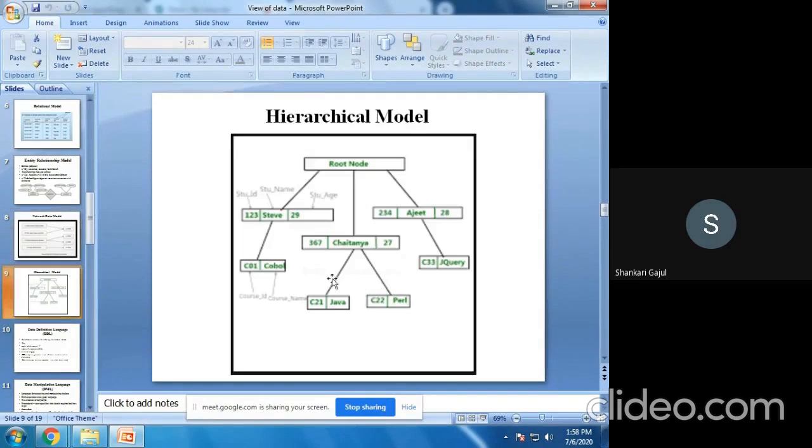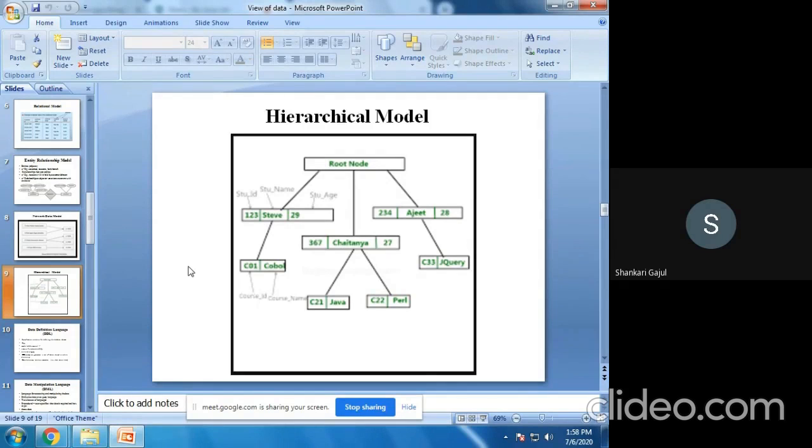Similarly, the hierarchical model consists of records also, and the relationship among the data is represented by a link or pointer. But the only difference is that it should be represented in a graphical or arbitrary graph model.